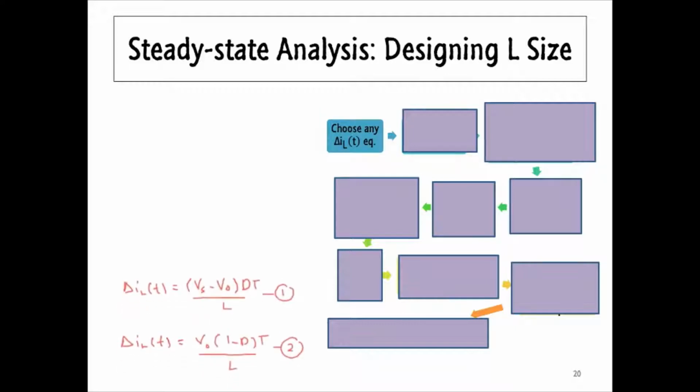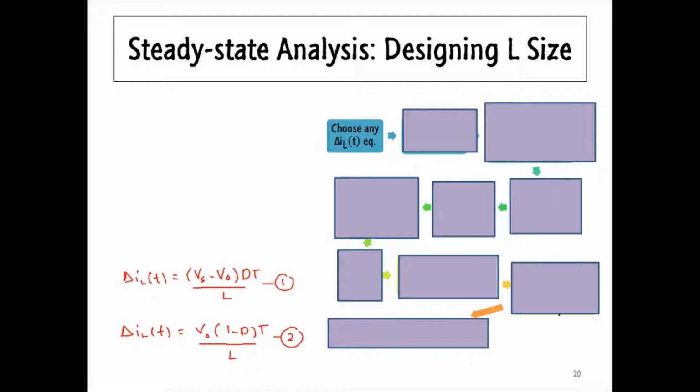First, we need to choose one delta IL equation. Since the second equation has only one voltage parameter, I will choose this equation for this procedure.